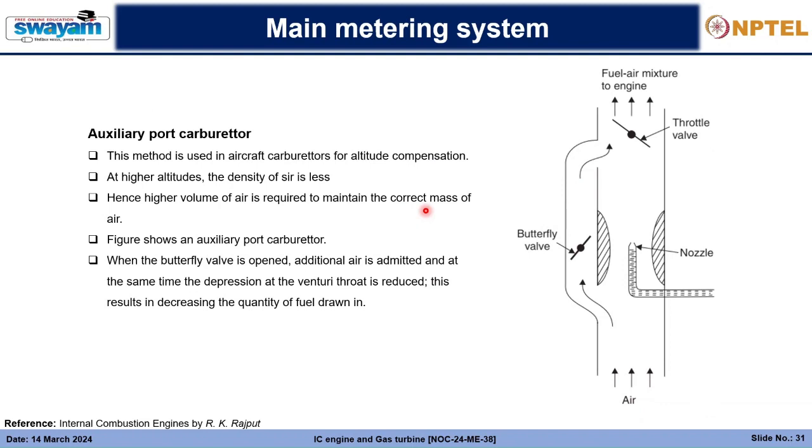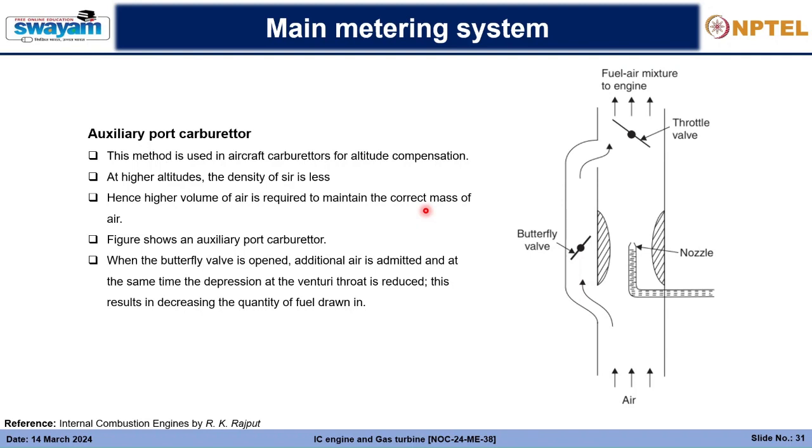The next is the auxiliary port carburetor. What happens is that at very high altitudes, for carburetors that are supplying the fuel for aircraft engines, generally the density of air is very less, and for that the mass of air that is moving into those engine cylinders is quite less because of the density, and that mass should be corrected, otherwise the mixture will remain very rich.